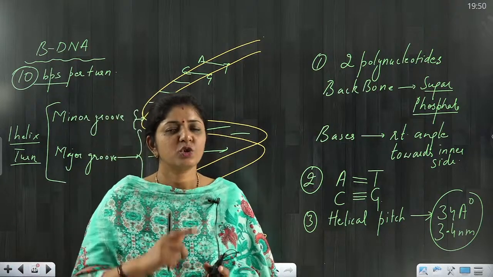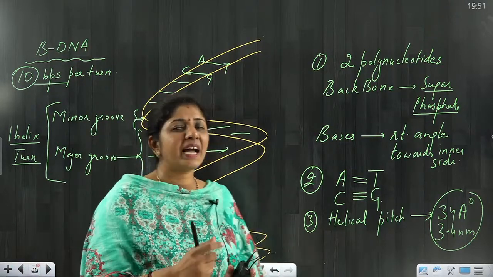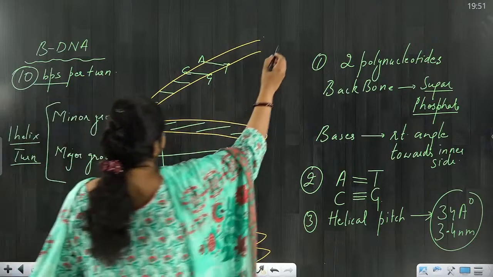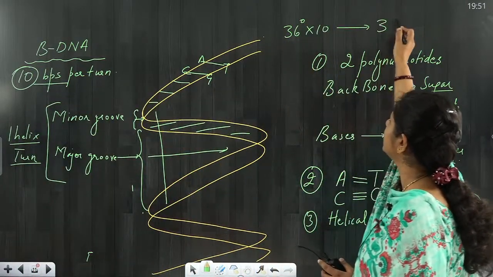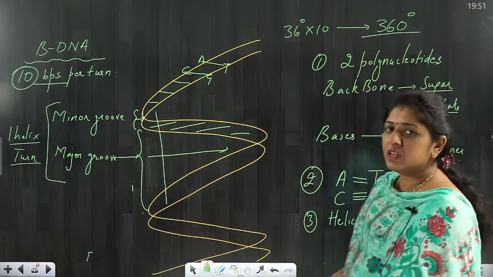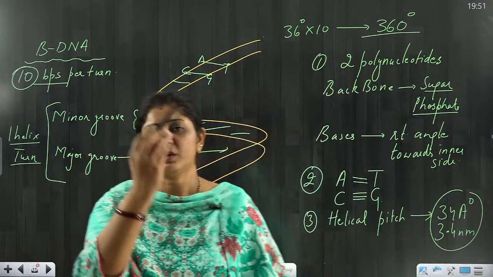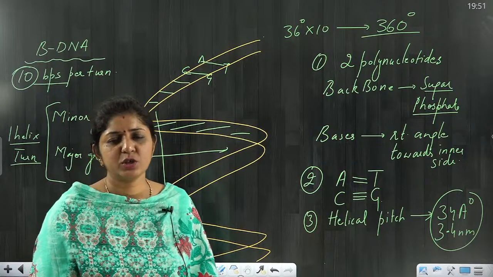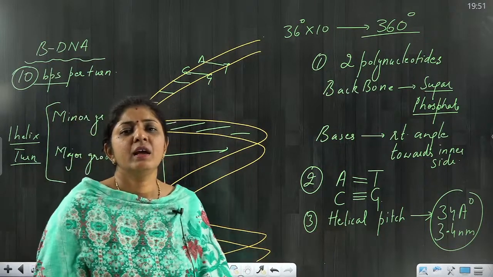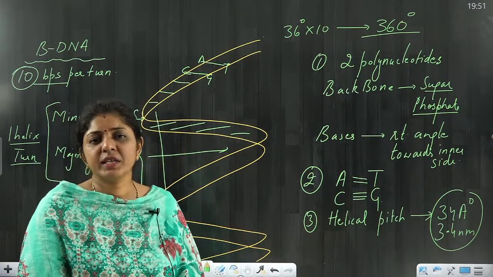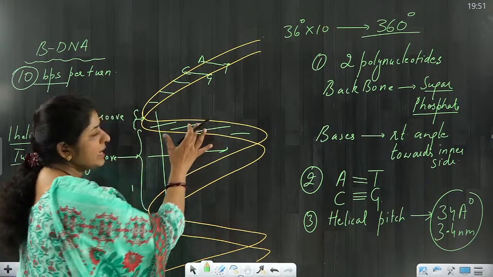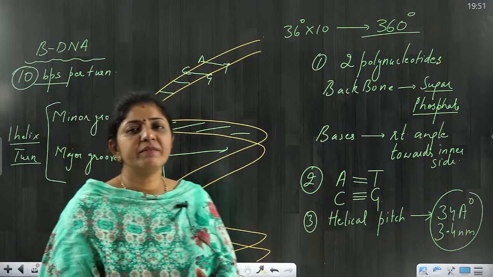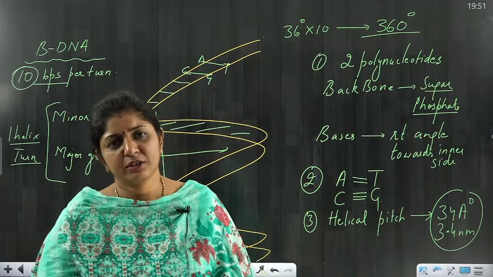So one turn will be completed by 36 degrees multiplied by 10. It is going to turn completely in one turn how much? 360 degrees, making a complete helix.